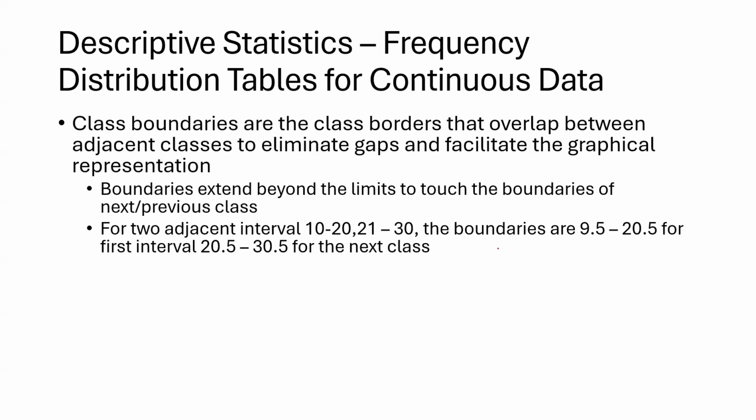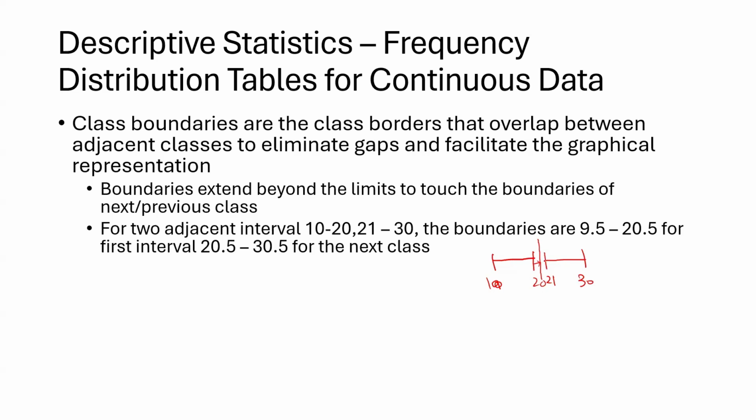So it is like we had this interval, if I mark it this way, from 10 till 20, it was this. And then from 21 to 30, we have this. Now, the boundaries are extended beyond this. So for this, it's going to be extended to the right.